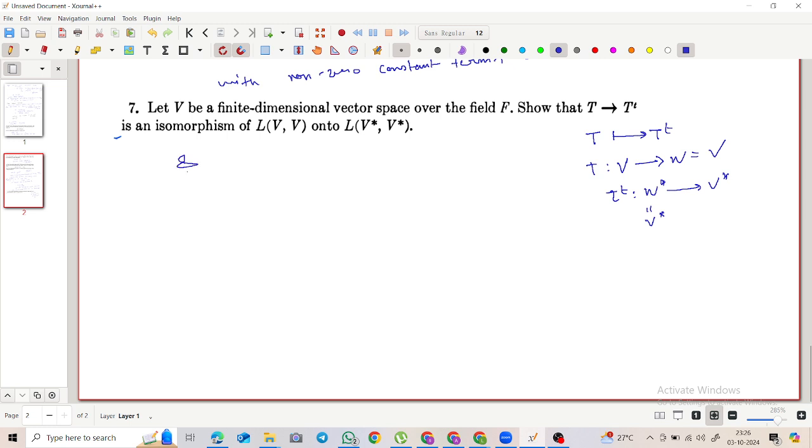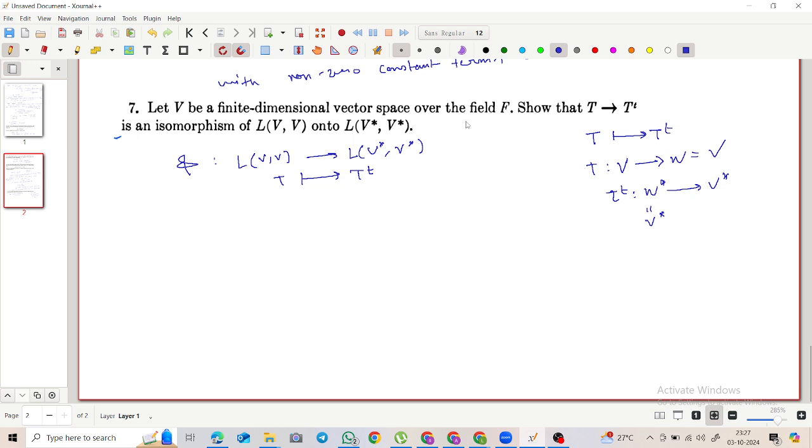So we define phi from L(V,V) to L(V star, V star) sending T to T transpose. Clear.